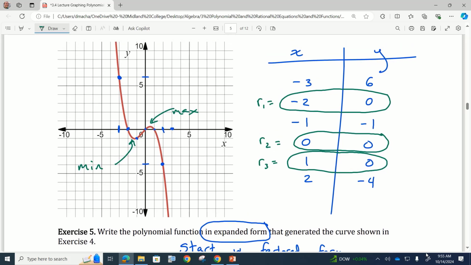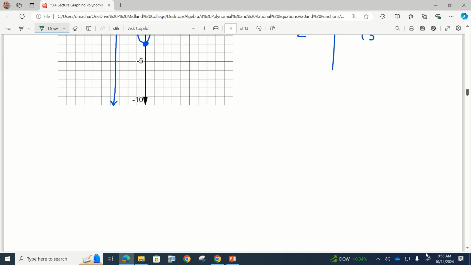If there are 2 turning points like this, what's the smallest degree polynomial that could allow you to have 2 turning points? The degree of a polynomial has to be larger than the number of turning points.